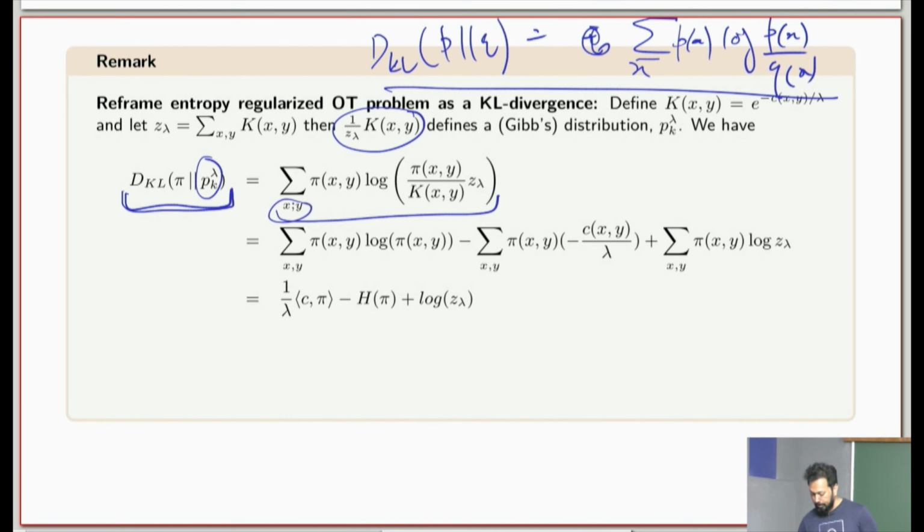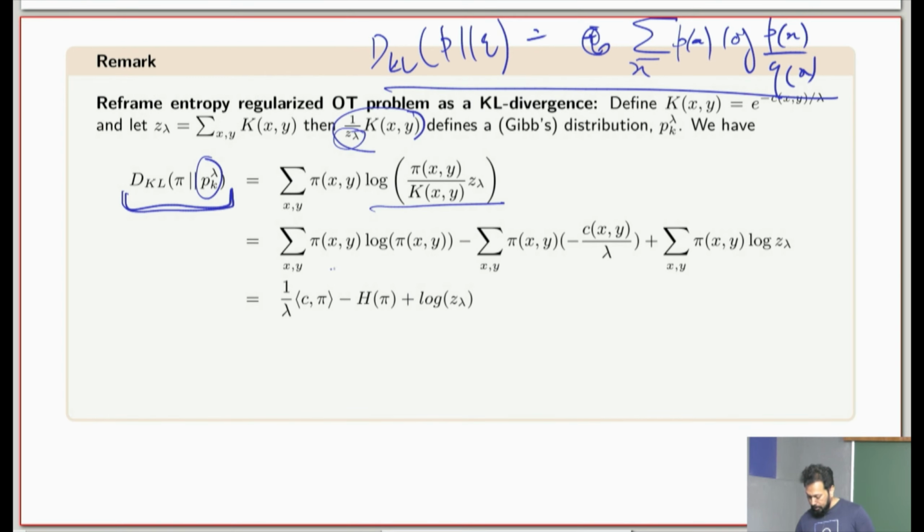Here, in place of p we have pi, and in place of q we have this term, k_xy divided by z_lambda, which was P_lambda. Since z_lambda was in the denominator, it went up here. These are some simple things, and then we have this KL divergence. Now let us see what happens with it. We will break the log.